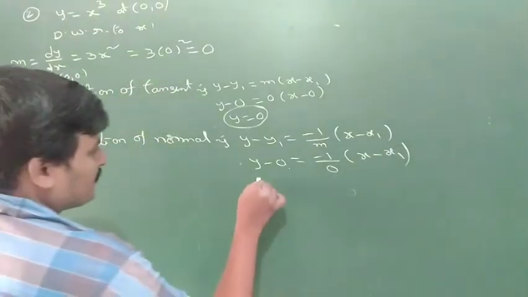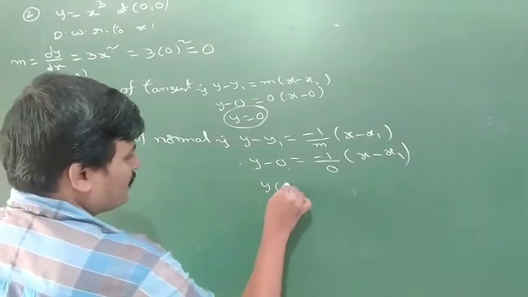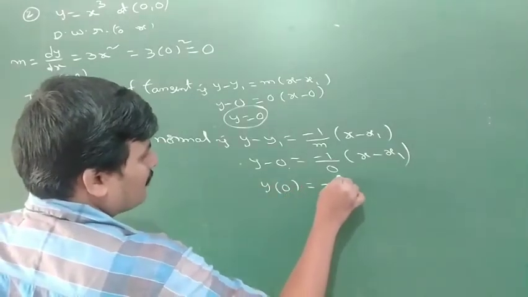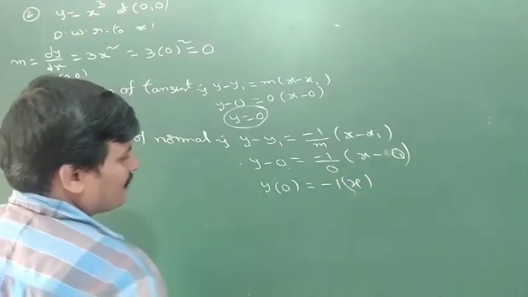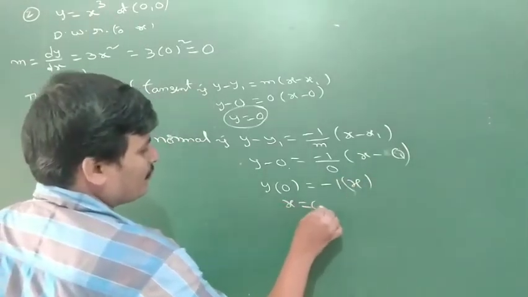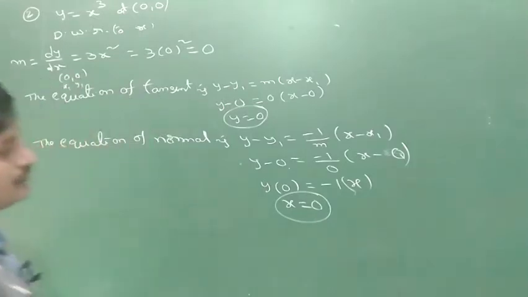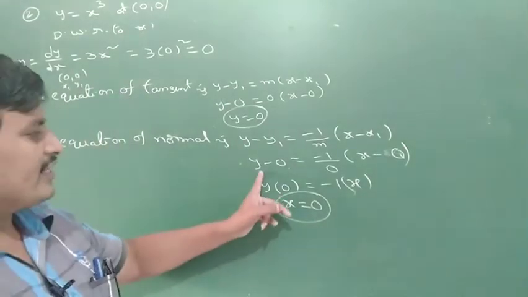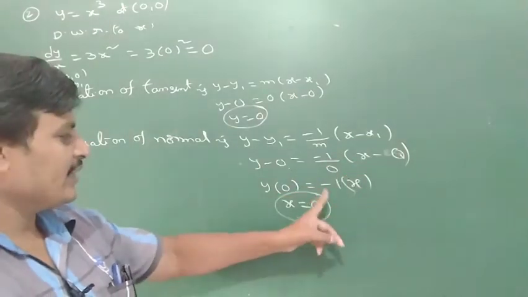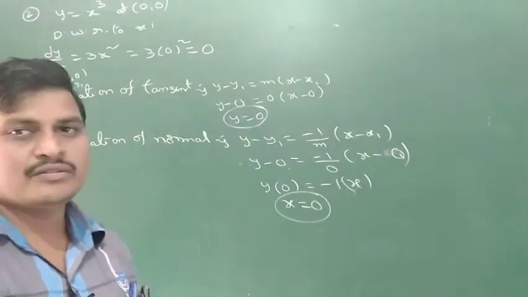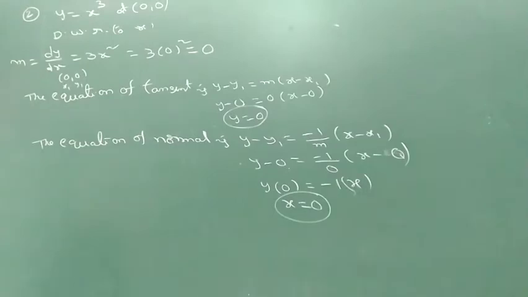So y into 0 equal to minus 1 into x, minus x equal to 0, which means x is equal to 0. This one.